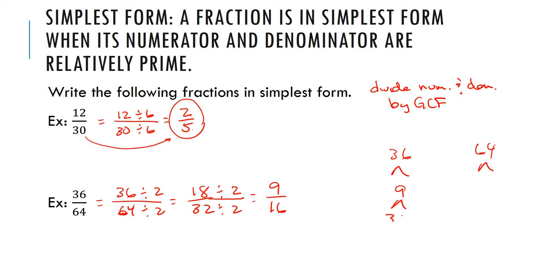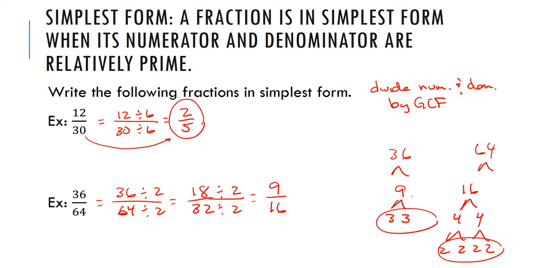The factors of 9 are 3 and 3. The factors of 16 are 4 2s. No common factors, so relatively prime. So 9/16 is my simplest form of the fraction.